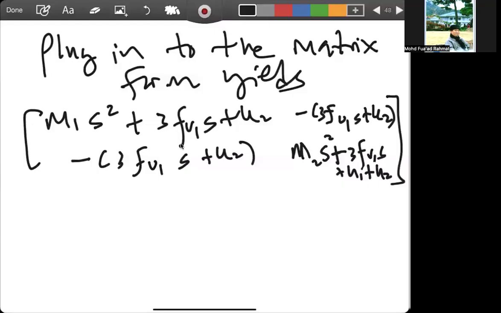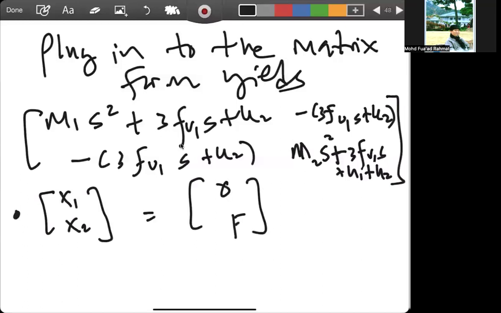All this will be multiplied by X1, X2 equal to 0, F. I'm sorry, the space is not enough due to my handwriting. So all this is multiplied by X1, X2 equal to 0, F.